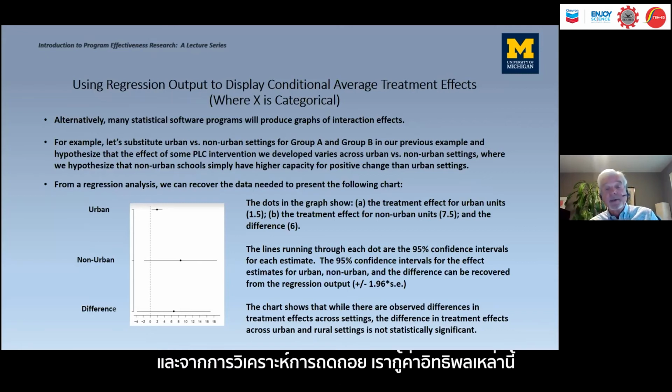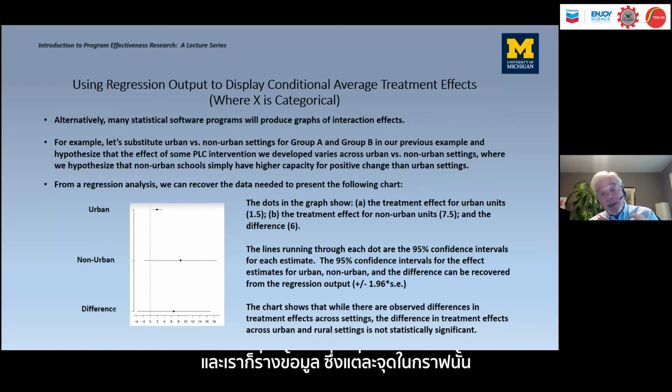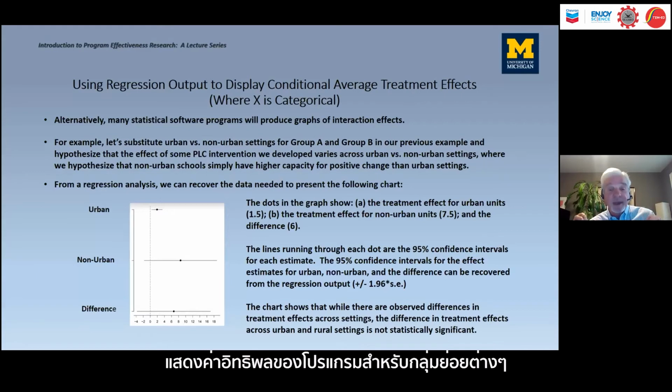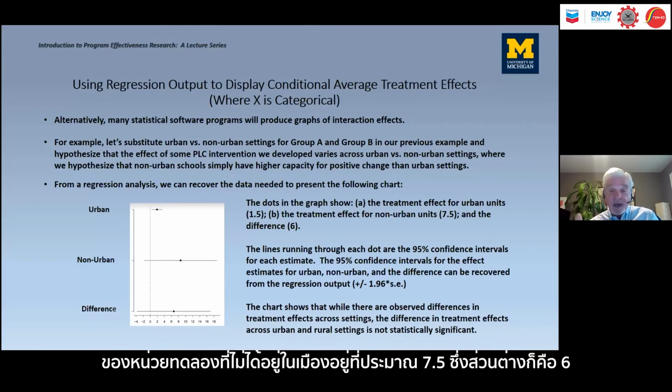From the regression analysis, we recover these effects, and then we plot them. Each dot in that graph shows the treatment effect for a different subgroup. So for the urban units, it's about 1.5. For the non-urban units, the effect is about 7.5, and the difference is 6.